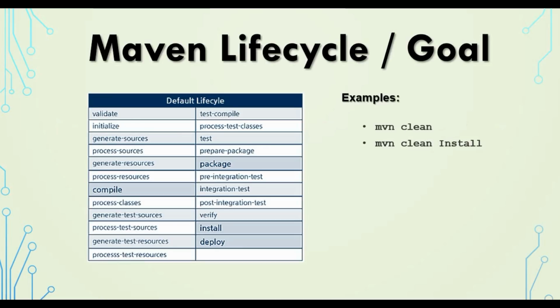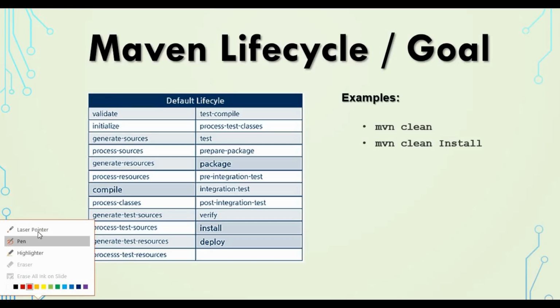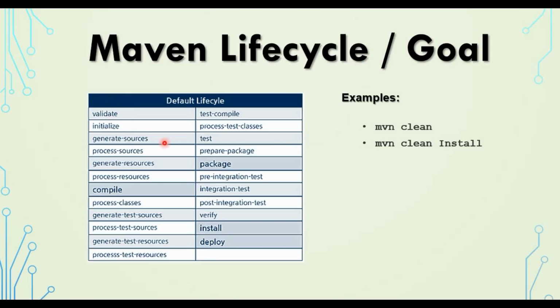So let's talk about Maven. In Maven, you need to understand Maven goals or the Maven lifecycle. Maven has different goals or stages that you use when building your project, for example validate, initialize, and a lot of others.